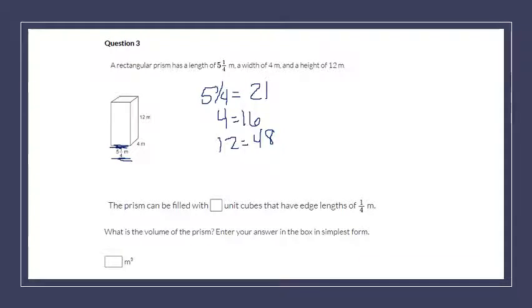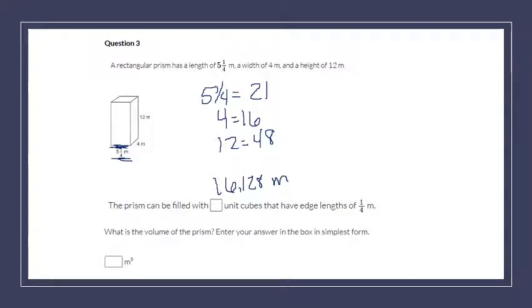So 21 times 16 times 48, and I get 16,128. That's how many 1/4 meter blocks it would take to fill up that box.